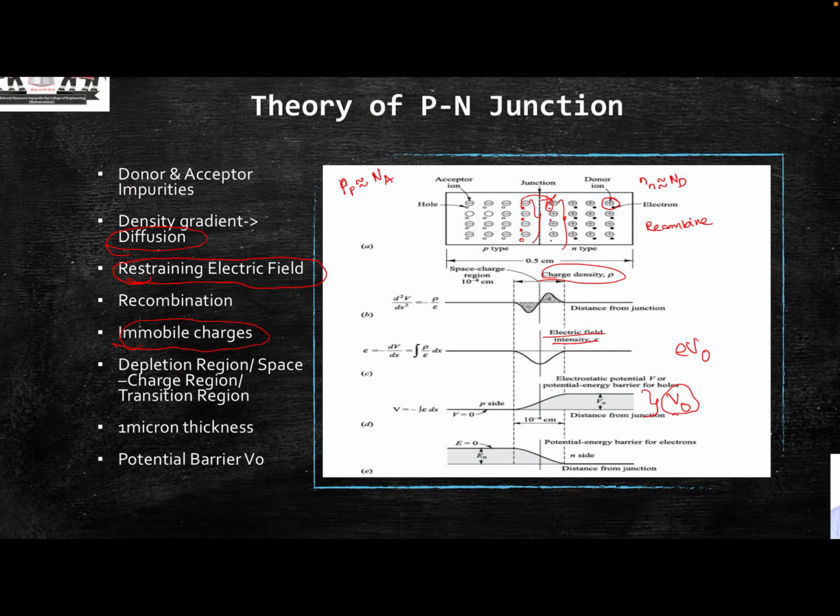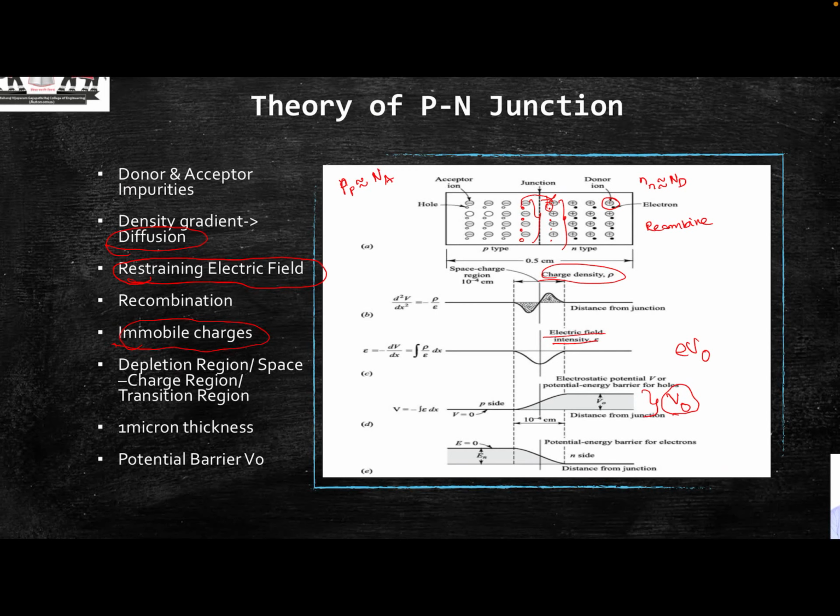The circuit element called diode, we say, will not allow flow of current in both directions. It's basically a unidirectional circuit element, so it will allow the flow of current only in one direction.